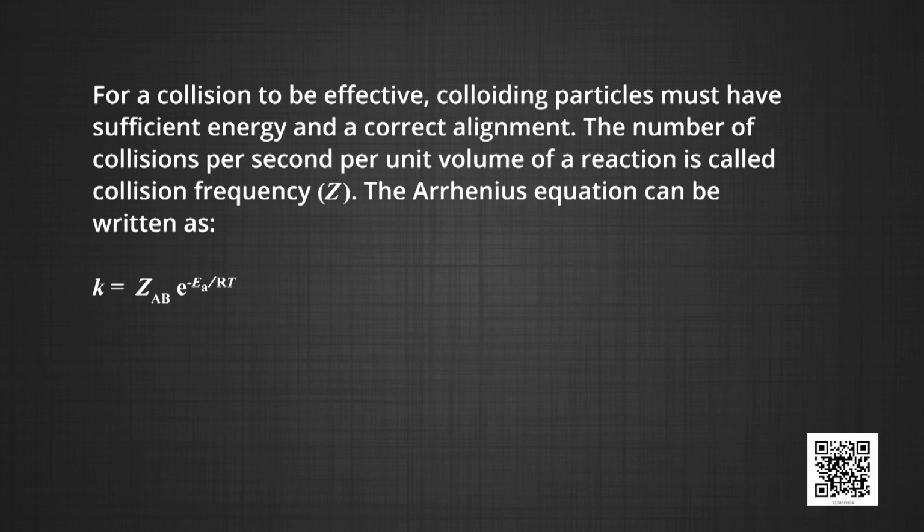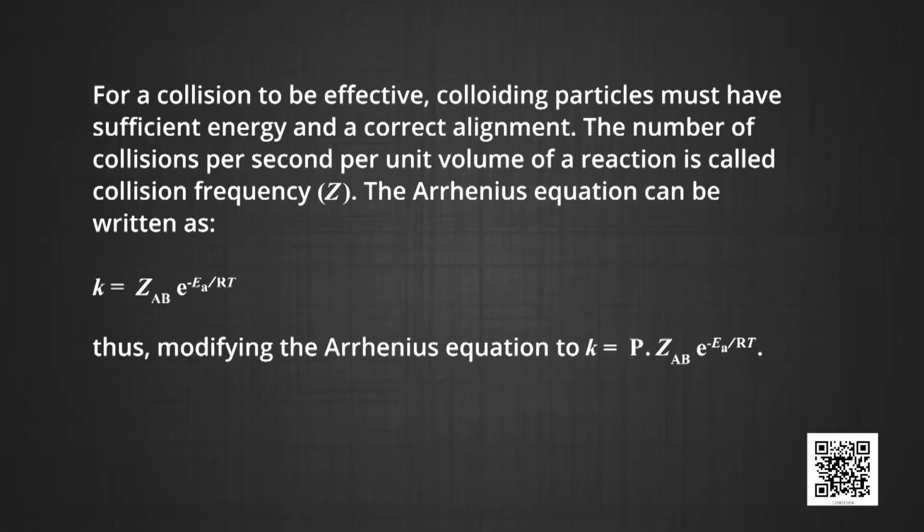The number of the collisions per second per unit volume of a reaction is called collision frequency, that is capital Z. The Arrhenius equation can be written as k = Z_AB e^(-Ea/RT).